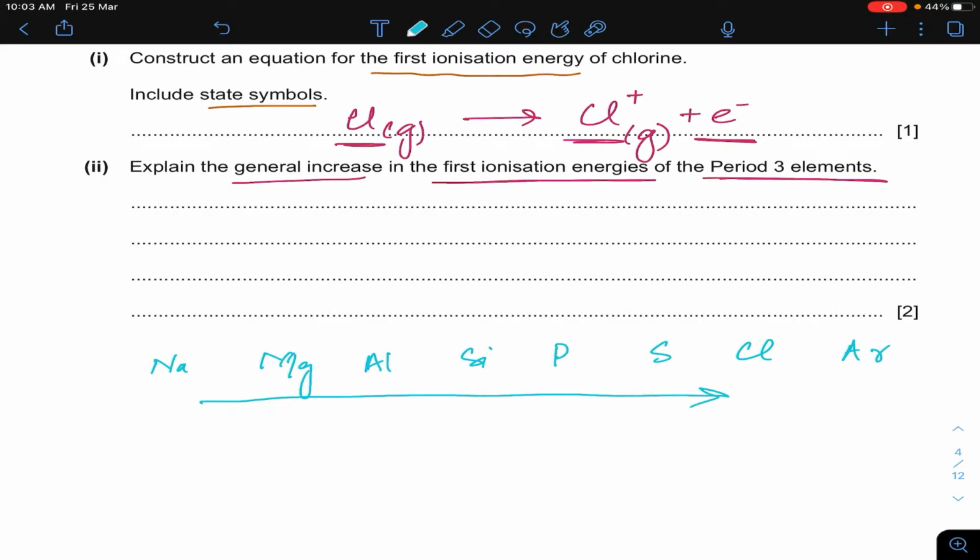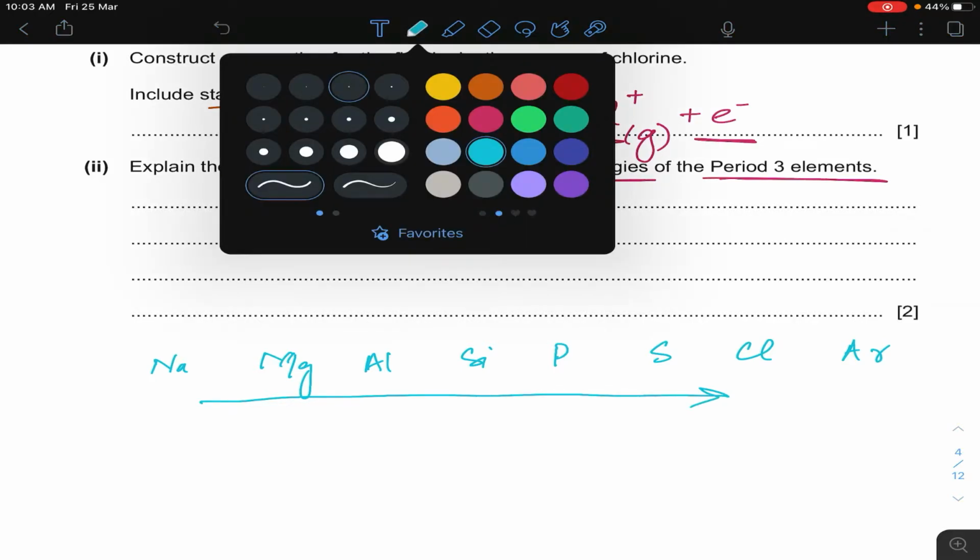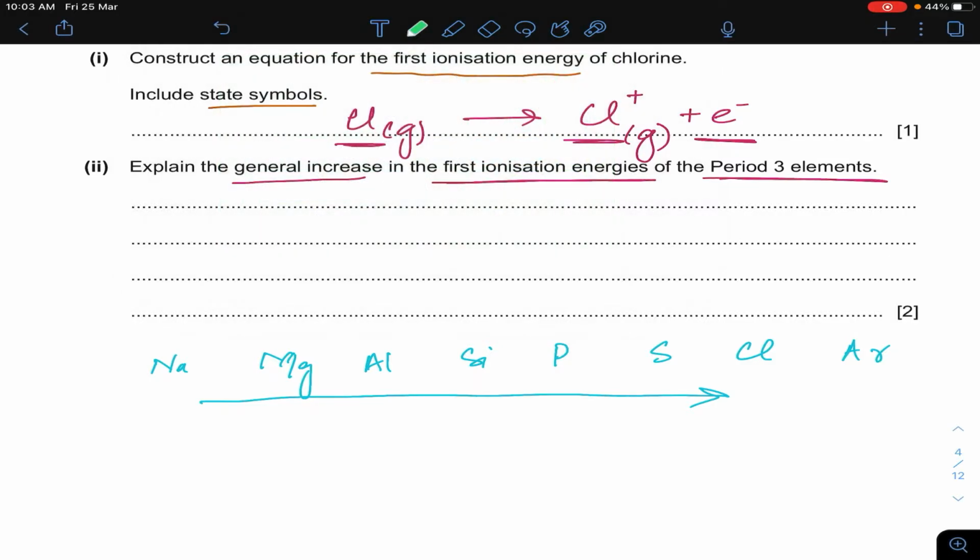Because we know that across the period the number of shells remains the same, right? So the atomic radius is almost the same. There is a slight decrease in atomic radius, but that is not due to the number of shells. It is due to the nuclear charge.